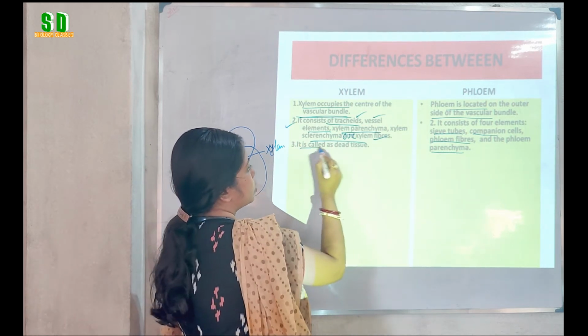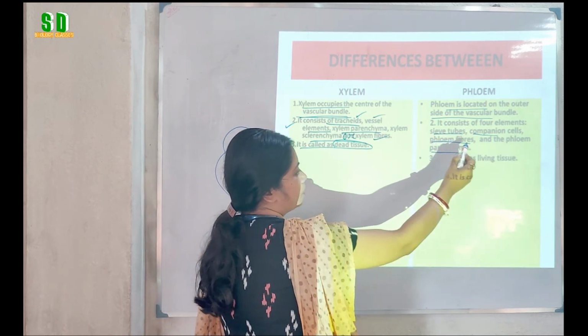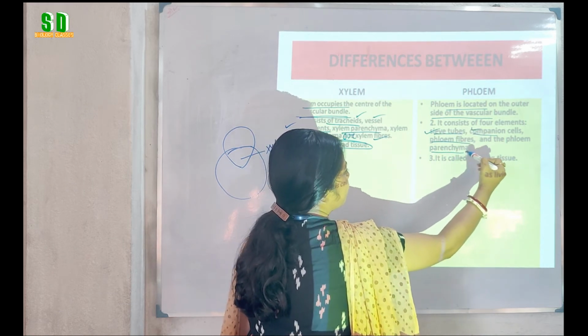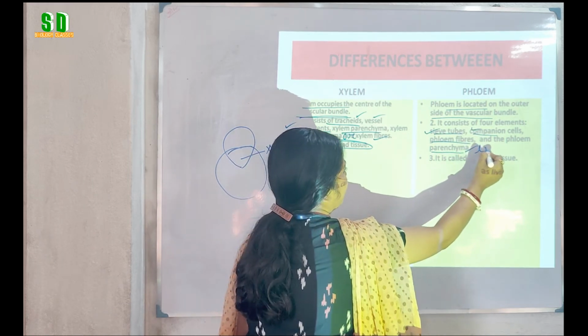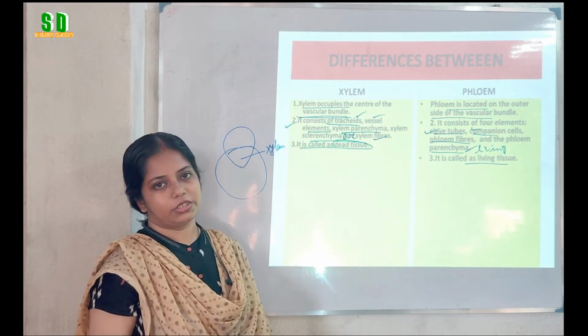That's why the xylem is called the dead tissue, whereas in the case of phloem tissue, all the members like sieve tube, companion cell and the phloem parenchyma are living cells. That's why it is also called the living tissue.